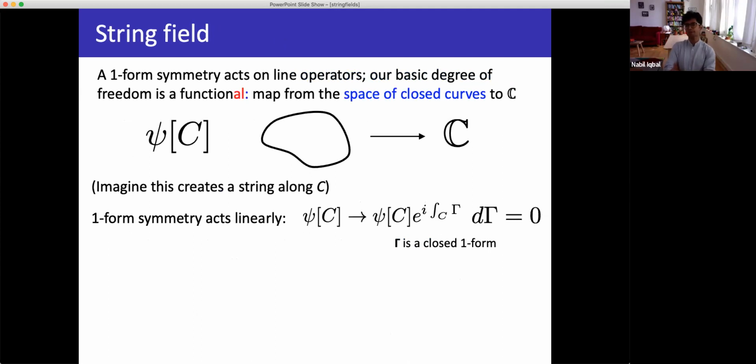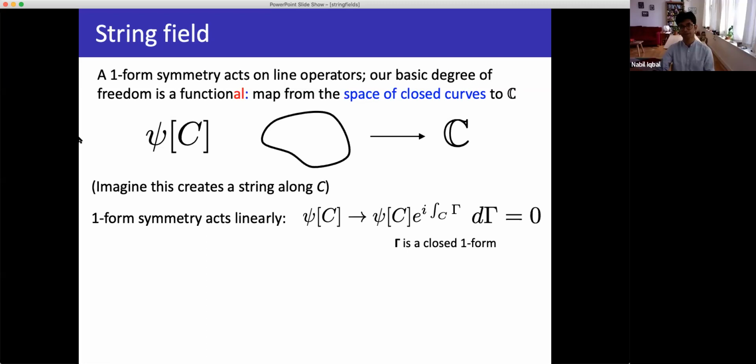Now, a one form symmetry acts on line operators. Our basic degree of freedom then can no longer be a local operator phi of x. It must instead be something that's like a line operator. In other words, it must be a functional. It's a map from the space of closed curves to the complex numbers.